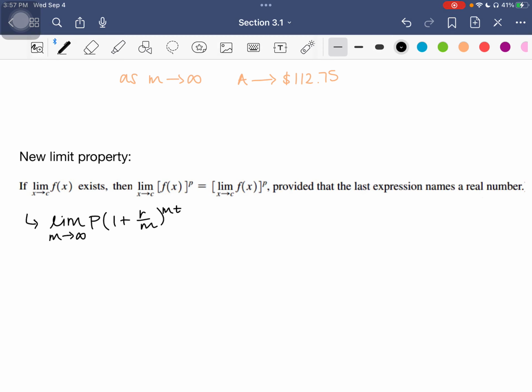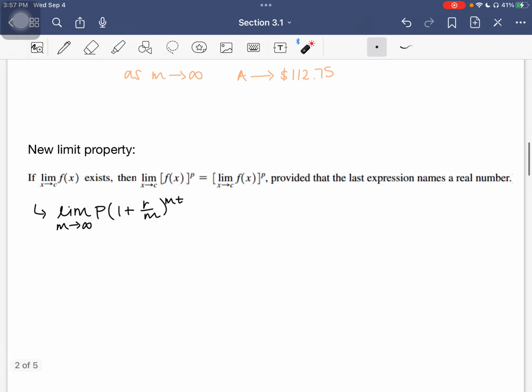All right, and then we will use this new limit property that says if this limit exists, then the limit of this function to the power p is the same as the limit of this function, all raised to the power p. So we'll use that in a moment.